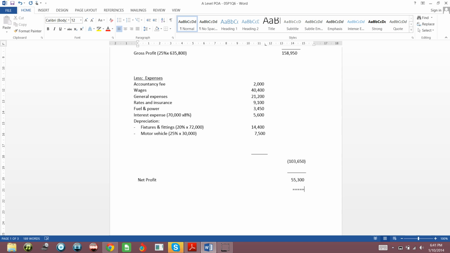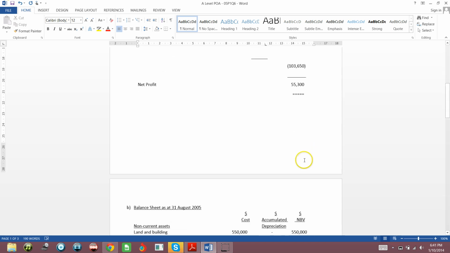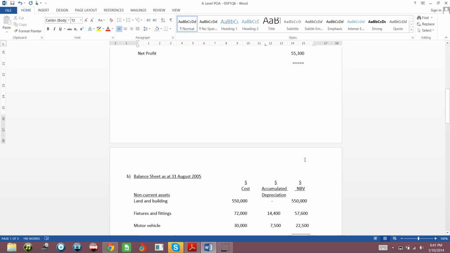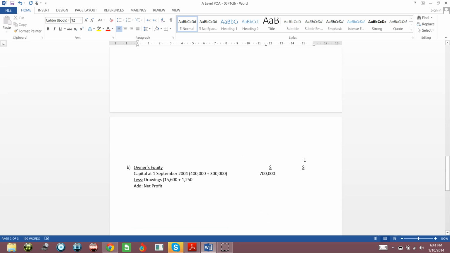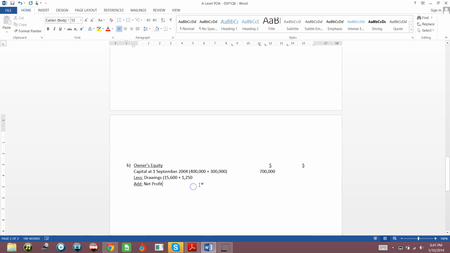Okay, so now I'm going to underline. Then this 55,300, I'll put it into my owner's equity here. So this one I will close the bracket, and then I will add up.